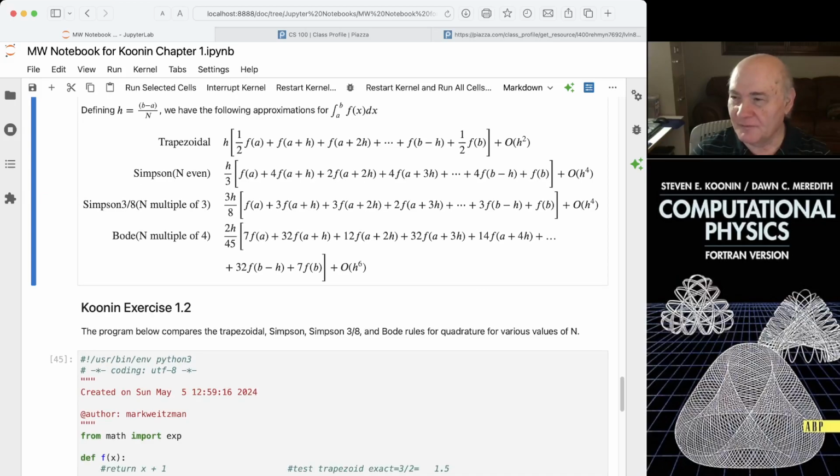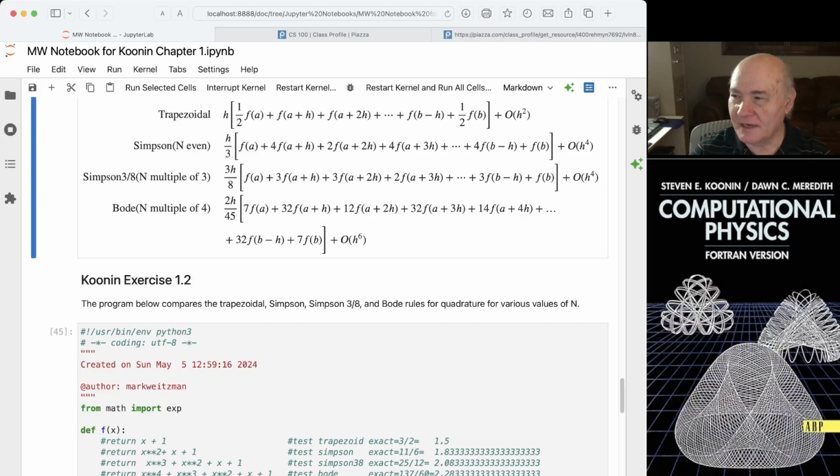Then you have the Simpson formula, which is a little bit more complicated. First you have the overall factor, which is h over 3. Then the endpoints are 1 and 1, and then you have 4, 2, 4, and you just keep going until you end up with 4. But with Simpson's method, n has to be even.